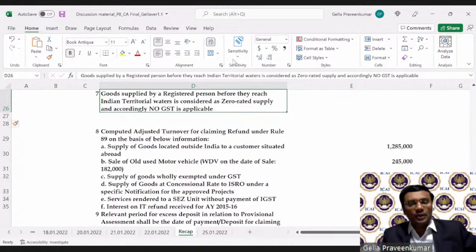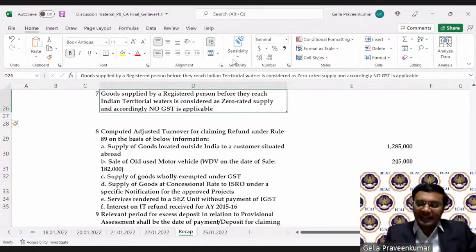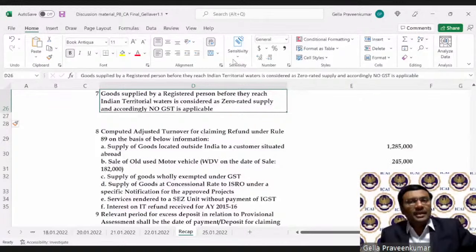Sarvanan says no, it is high sea sales. Absolutely correct. Now, if it is a high sea sale, Sarvanan, is there GST applicable on this? Is there applicability of GST on this? Geeta, Namita, Priya, Sairam, what would be your answer?